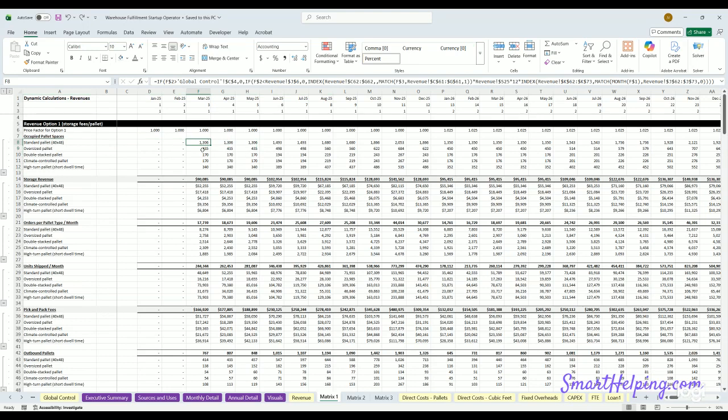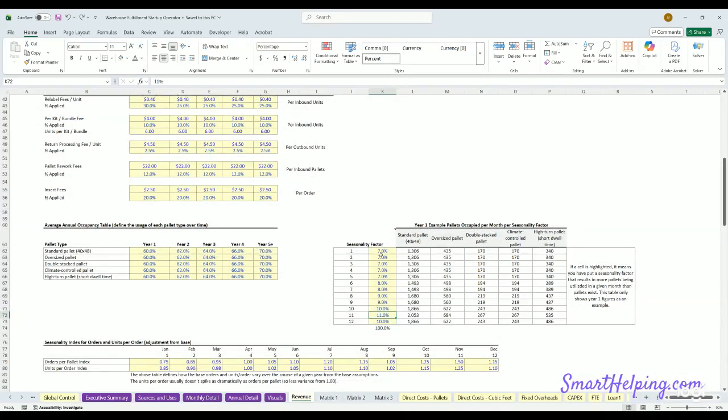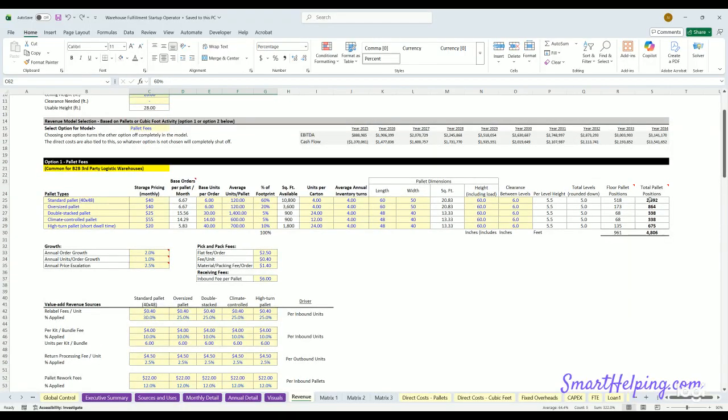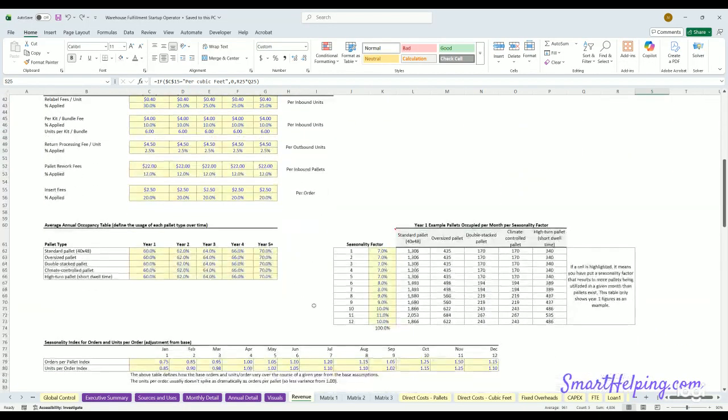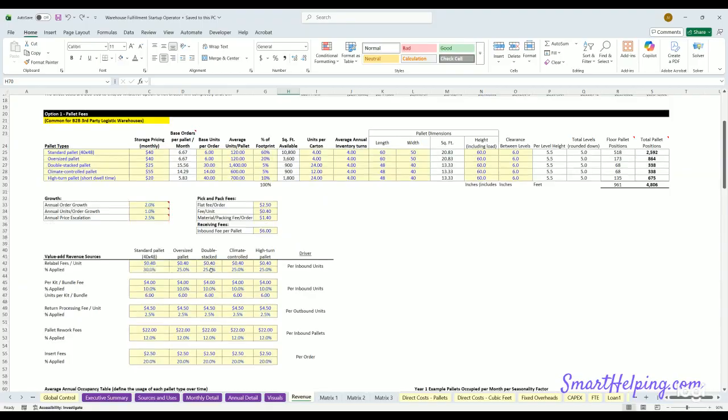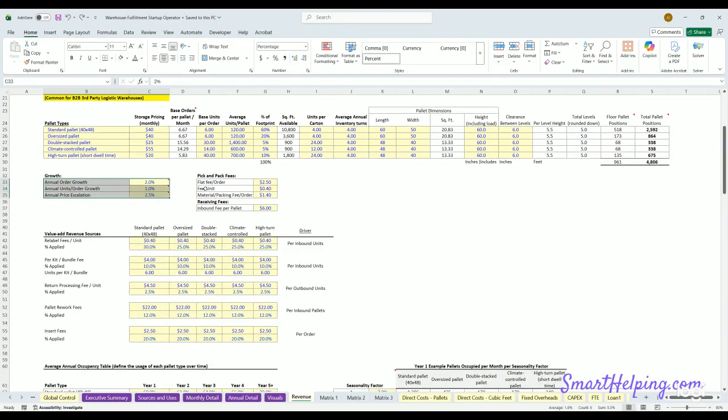This is your utilized space, pallet spaces for each type per month. And that's doing a bunch of math, or formulas, with this number. So we got unit growth, all of that.